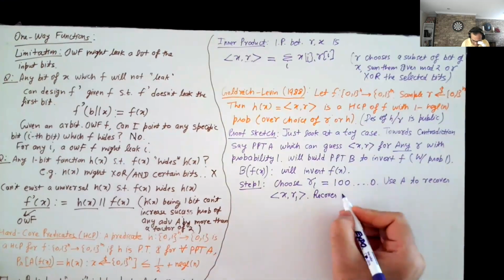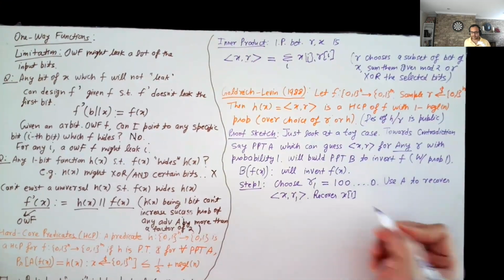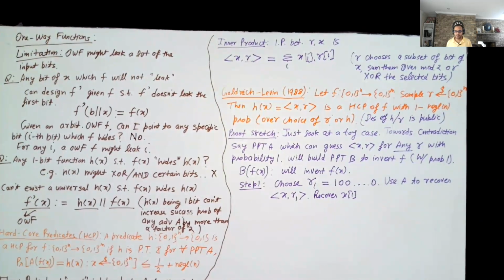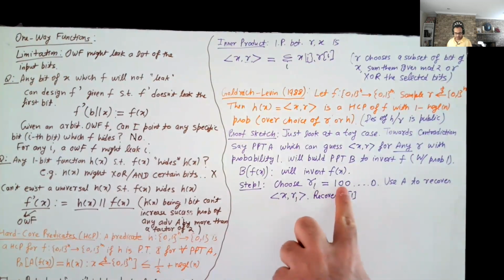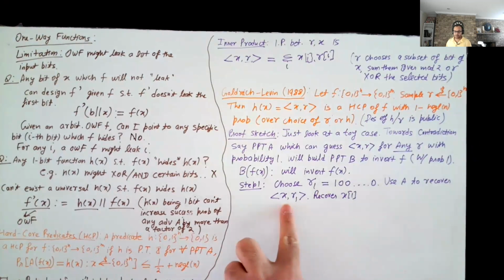Now we recover X1, right? Because if you take the inner product of X with R1, where R1 is 0 except in the first place, the inner product is just supposed to be the first bit of X.